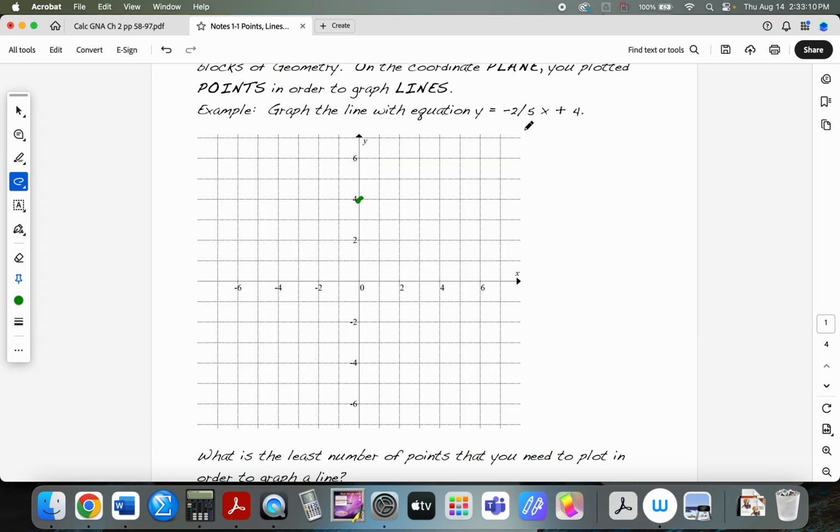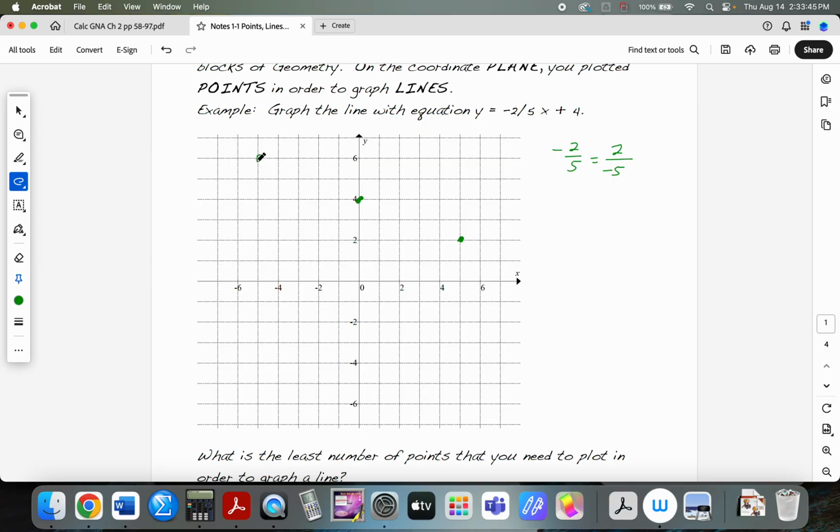The negative means that it's going down, and it's going down at a rate of 2 spaces down for every 5 spaces it goes to the right. So 2 spaces down for every 5 spaces it goes to the right. Notice that since -2/5 is the same thing as 2 over -5, you could also, from this point, go up 2 and to the left 5.